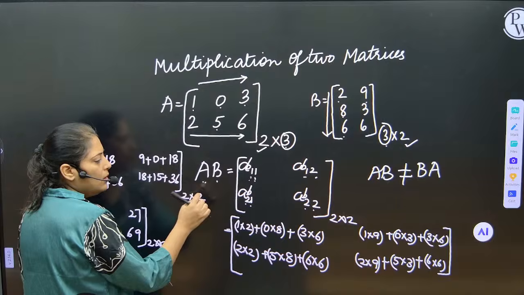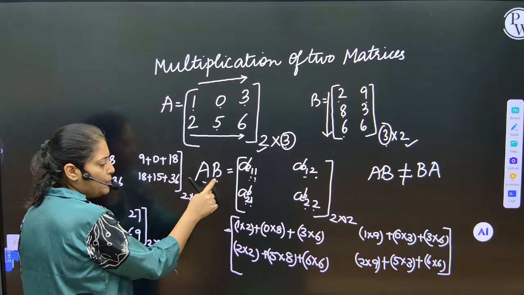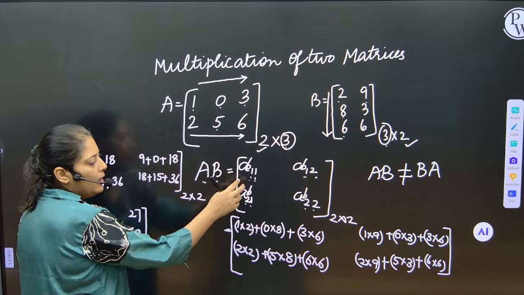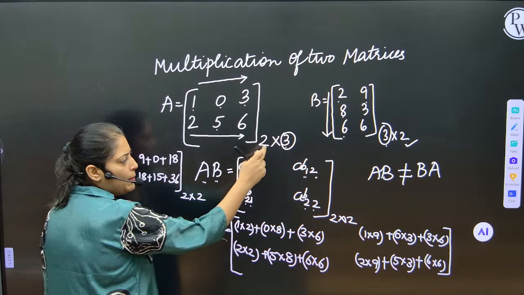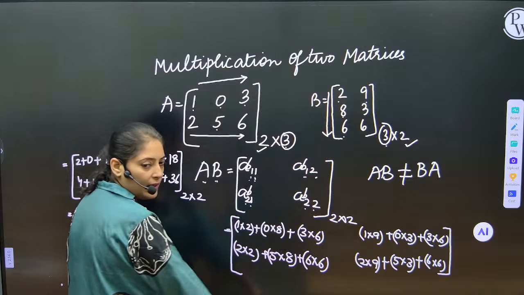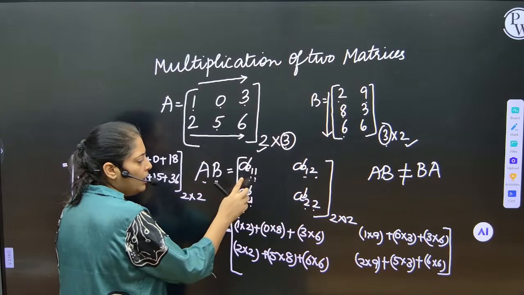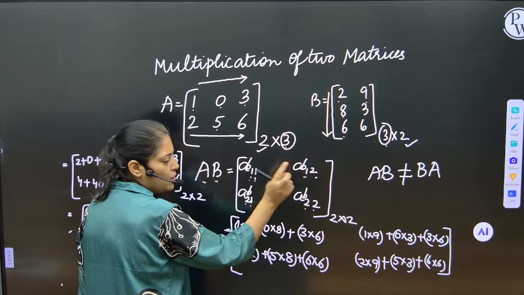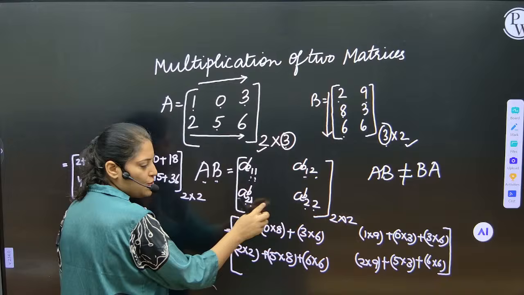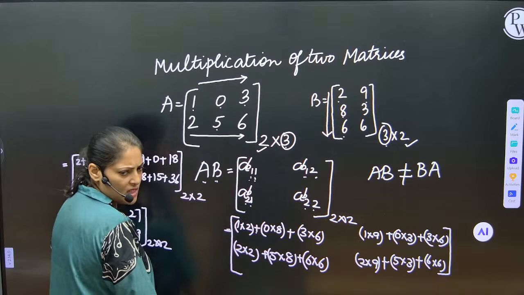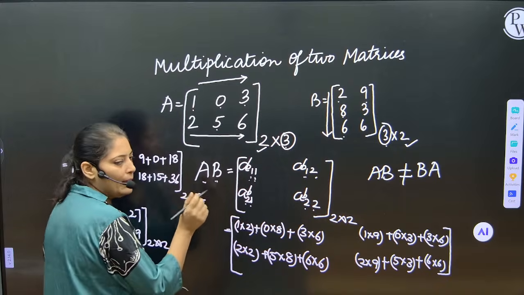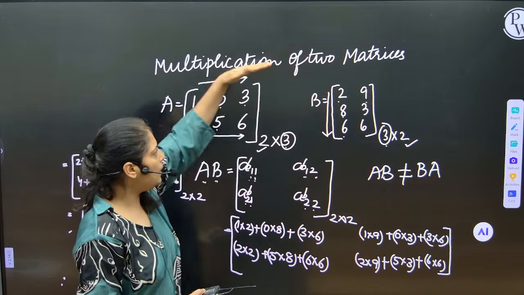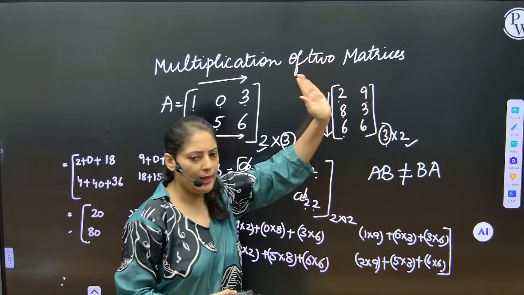So now the number of columns of this should be equal to the number of rows of this. We'll write now which two numbers are left? 2 and 2. That we'll write. First row, first column, first row, second column, second row, first column, second row, second column. This is the way to write it. So now we'll multiply in this order only. First row will be multiplied with first column, first row with second column.